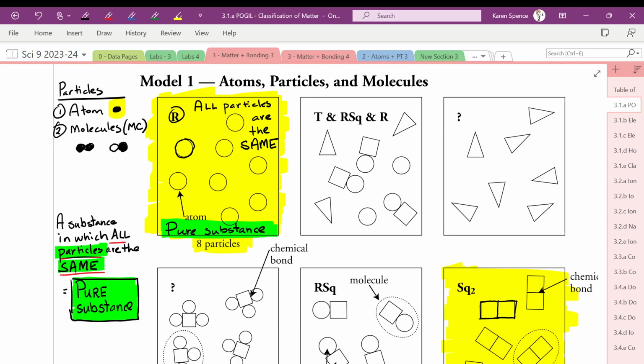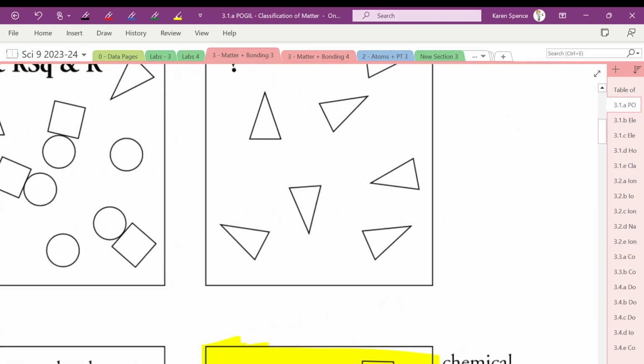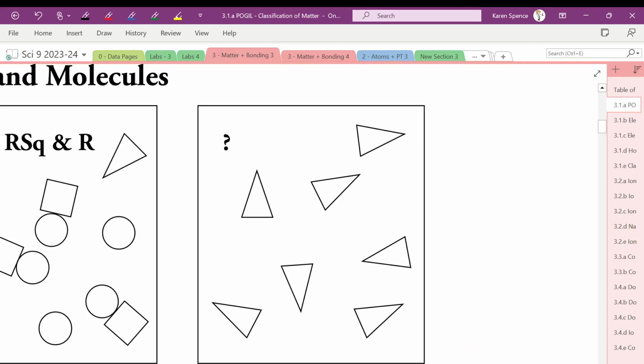Do we have any more pure substances in the first row? Yes, we do. Which one is it? It's that question mark. If you had to give a symbol for question mark, what might you call it? T. Okay, so we have sample T. And what type of particle is that? That is an atom.